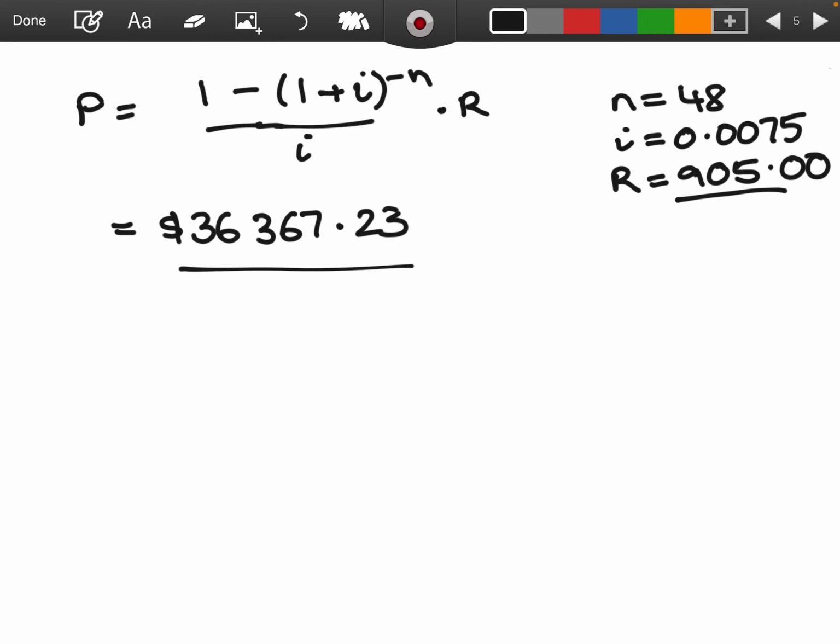So that is why you end up paying so much interest at the start. The majority of that $905 each month at the start was basically straight up interest, rather than the principal amount that you actually took out. But as you get towards the end, the majority of that payment goes towards the principal value, because the interest on these smaller amounts is a lot smaller. So a lot more of the $905 gets a chance to go towards the principal rather than the interest.